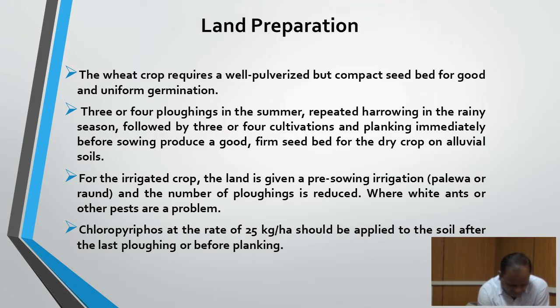As one proverb says, ढेले चना and मैदे गेहूं. That means for the cultivation of wheat, you have to make the soil well pulverized like powder, like maida.